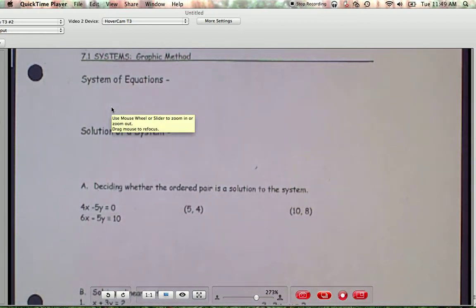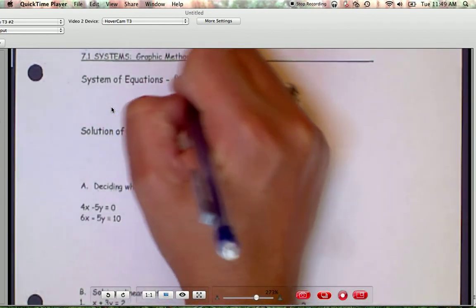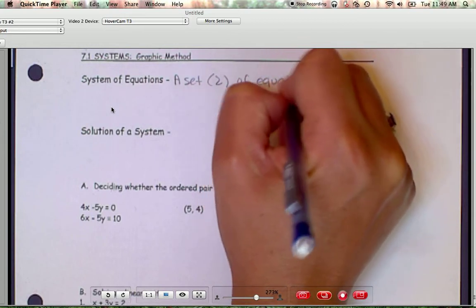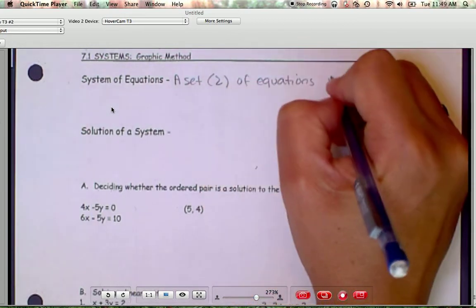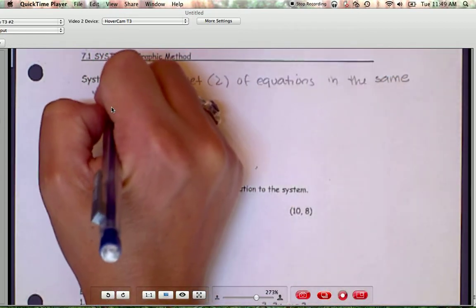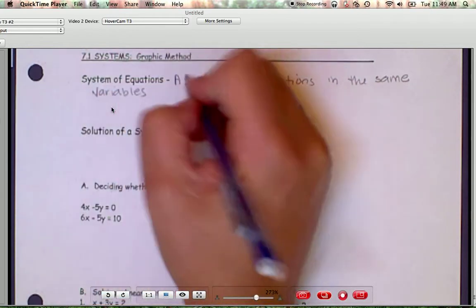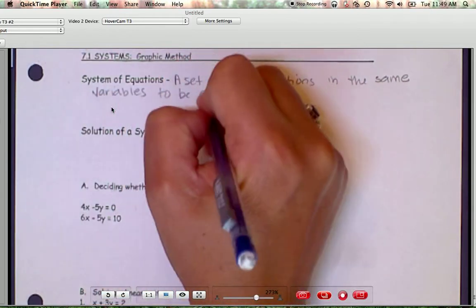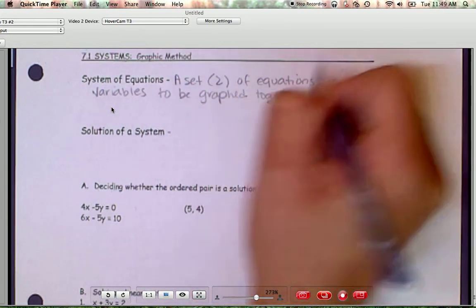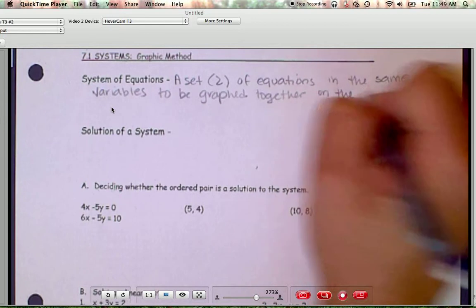Moving on to Chapter 7, 7.1. All of Chapter 7 is about systems of equations. So we need to first define what a system of equations is. It is simply a set, meaning two, a set of equations in the same variables to be graphed together on the coordinate plane.